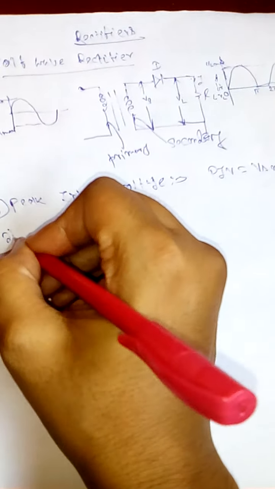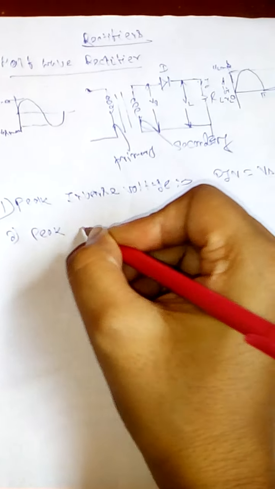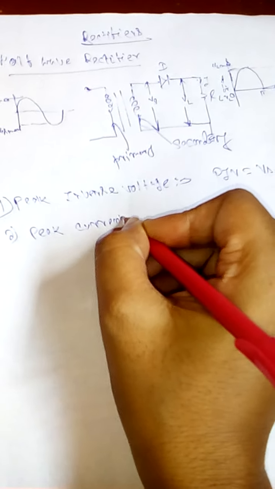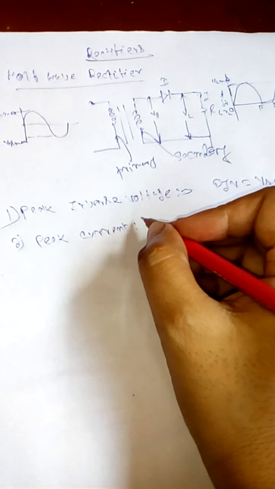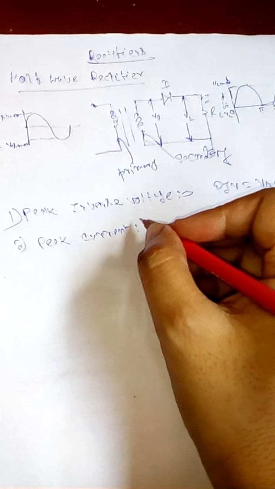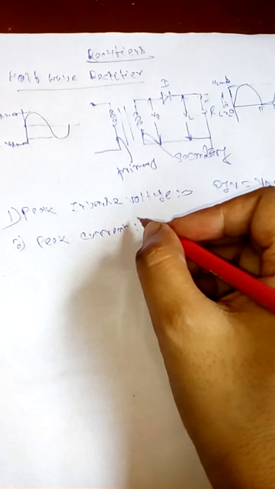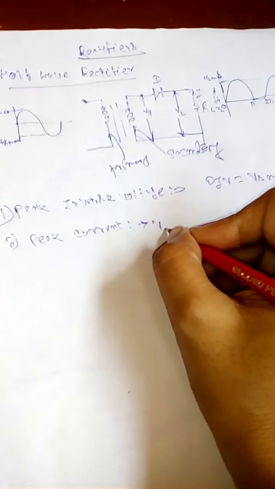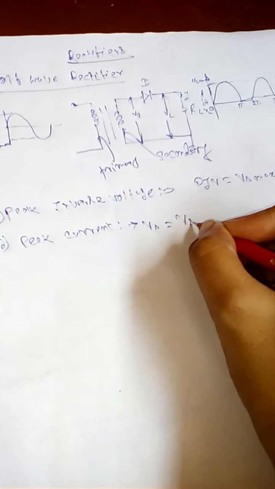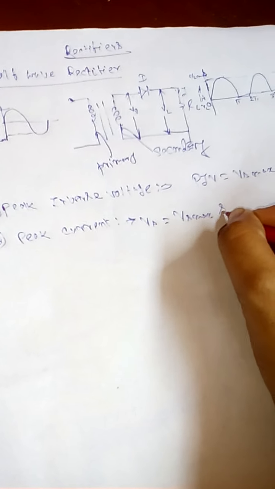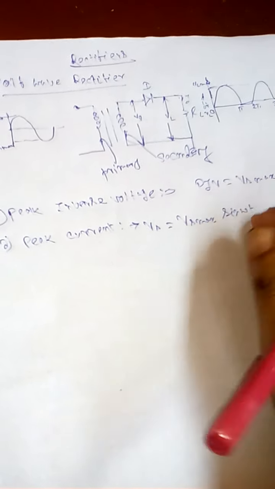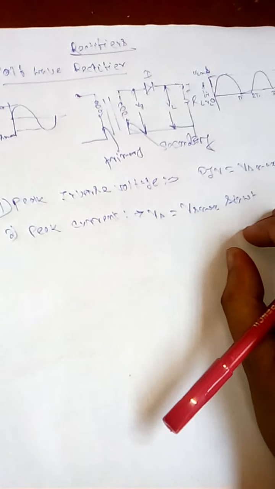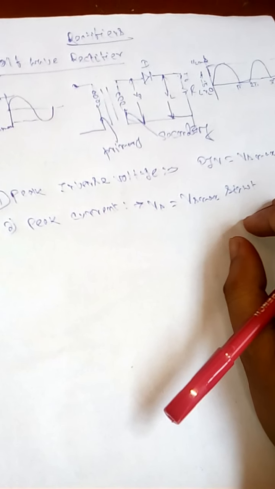Then second point, peak current. Assuming that the peak voltage across the transformer is Vs max, the instantaneous value of the voltage is V equal to Vs max sin omega t, neglecting the diode cut-in voltage Vk because it is small compared to Vs max.